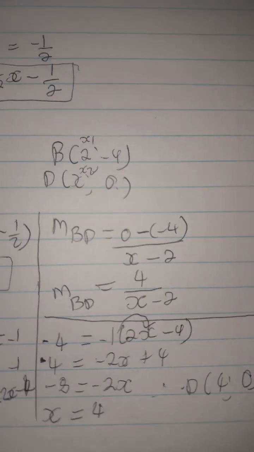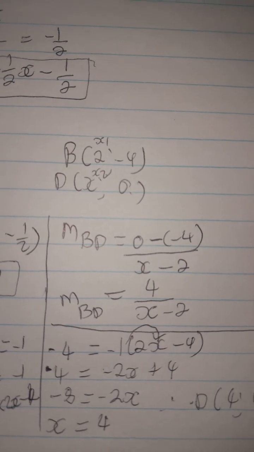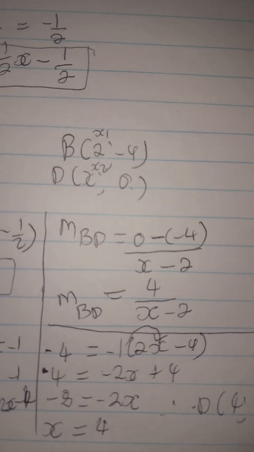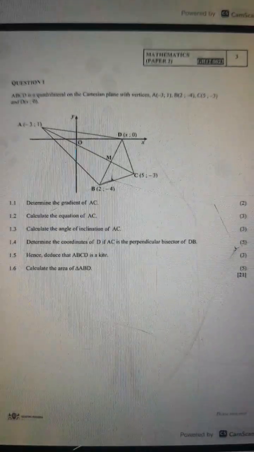Let's go to our remaining questions, which are 1.5 and 1.6. At 1.5, they said, hence deduce that ABCD is a kite. For us to prove that ABCD is a kite, that will be simple, guys.